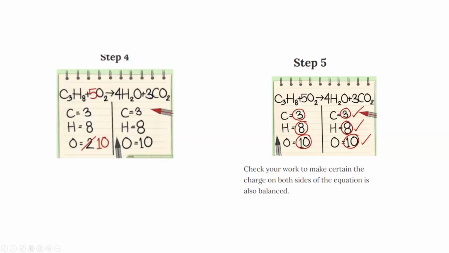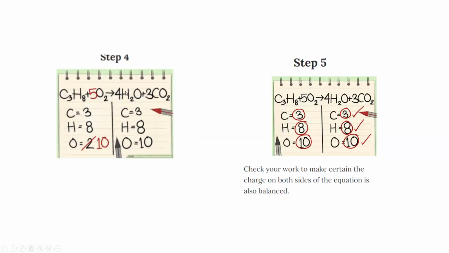But as this oxygen is affected by these 3, you have to multiply 3 by 2, 6 atoms of oxygen, plus the 1 that you had before will make 7 atoms of oxygen. Let's see what to do.